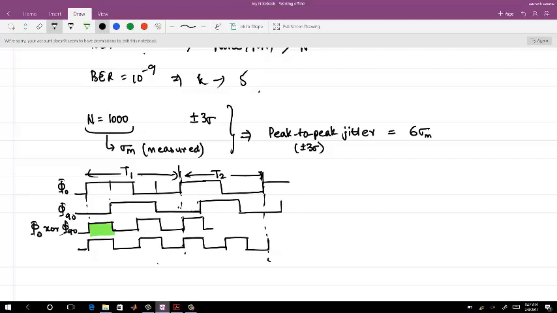Here T1 and T2 can differ, but the only important part for me is for what time it is high.